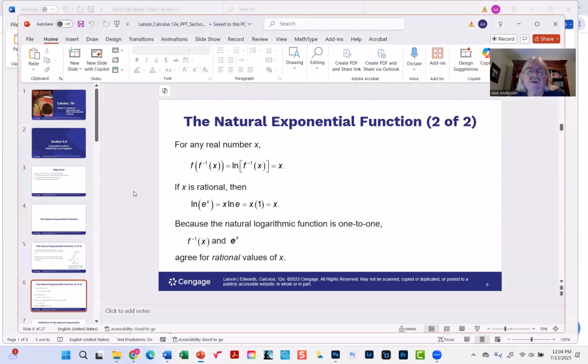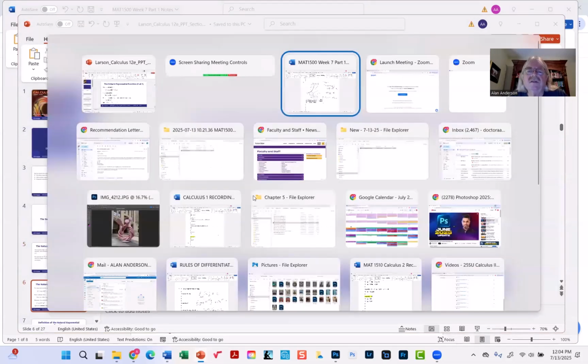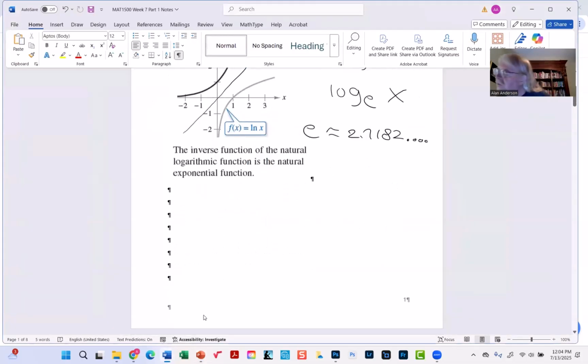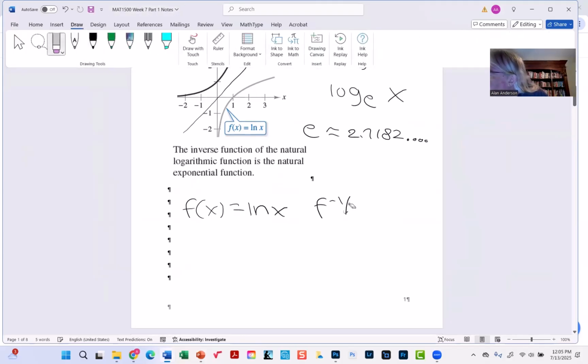And here they're proving it to us. Let's just quickly run through this. If we choose f of x to be the log of x, and f inverse of x is e to the x, we can prove that they are in fact inverses. Remember how that works. It's a two-step process.